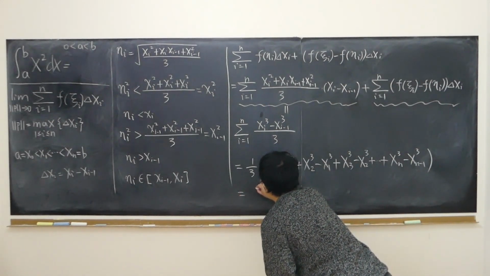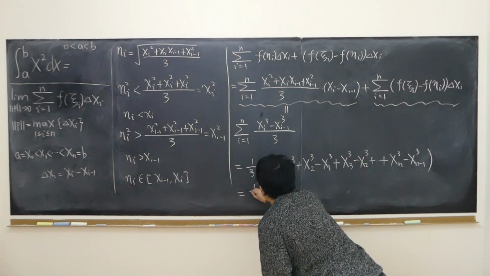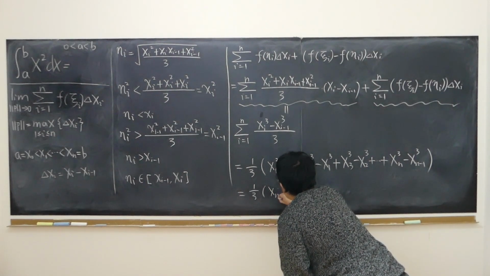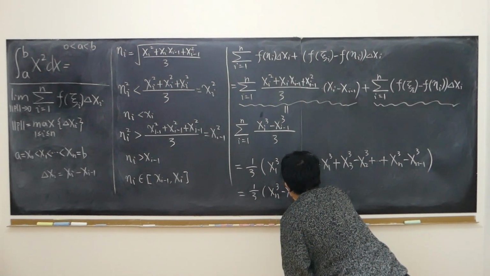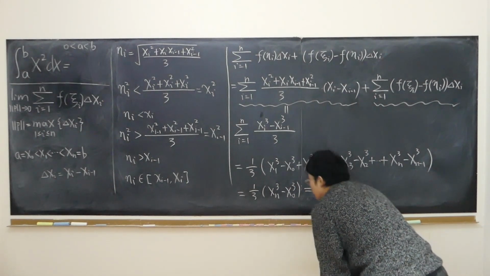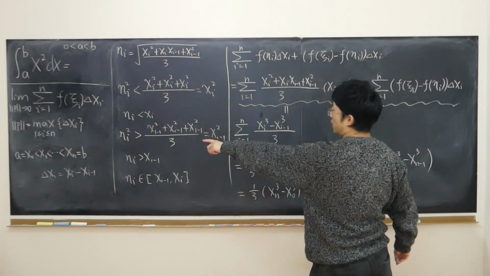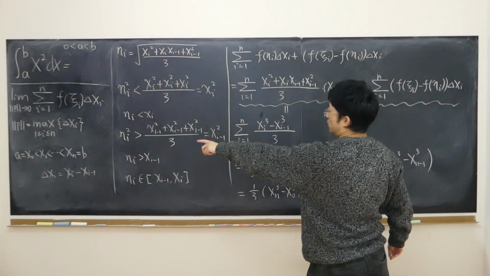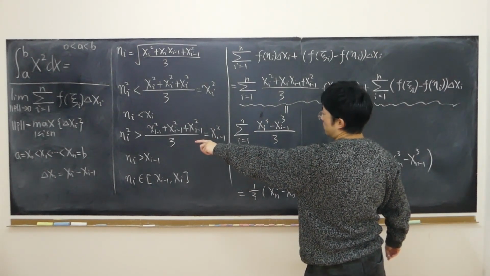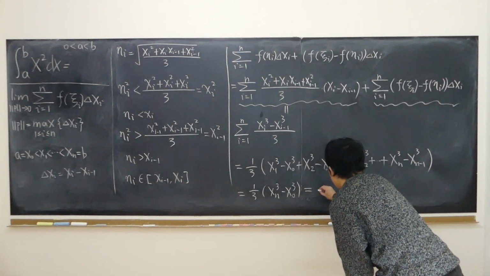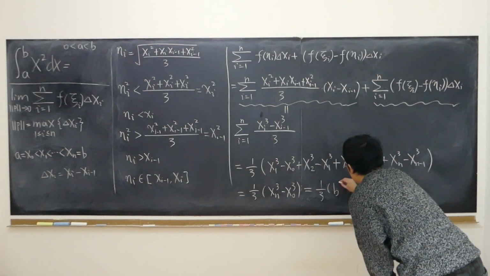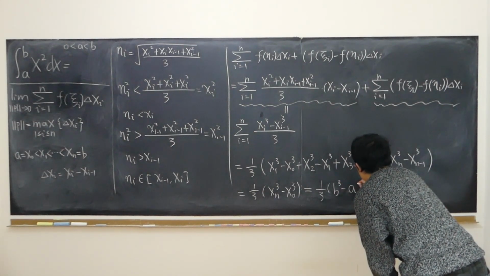That is 1/3 of xn cube minus x naught cube. Like I said, I denote xn as b, and I denote a as x naught. So that is 1/3 of just b cube minus a cube.